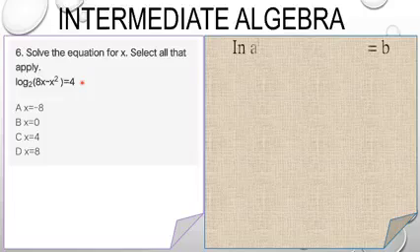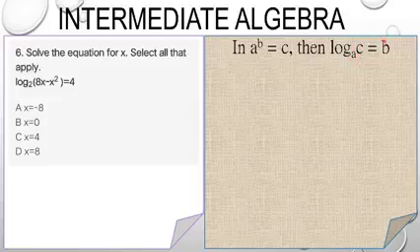Okay? So in order to solve for the logarithmic function, we need to know its equivalent in exponential function. So take note that a raised to b is equal to c is also equivalent to log of c to the base a is equal to b. This is the only thing you need to remember. This is the form to convert exponential to logarithmic or vice versa.